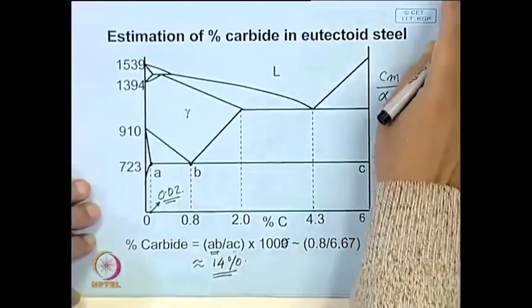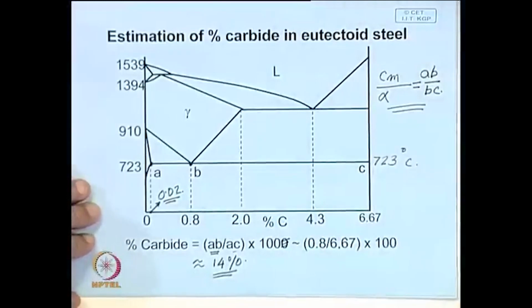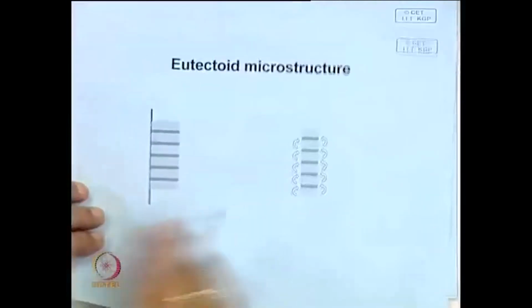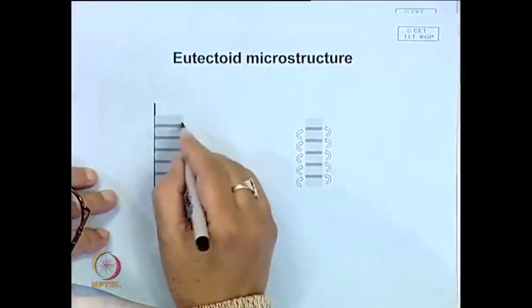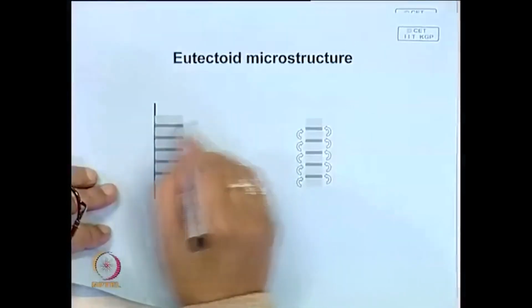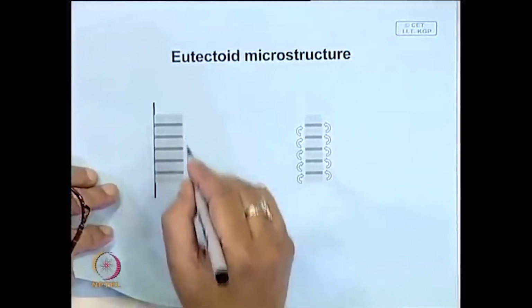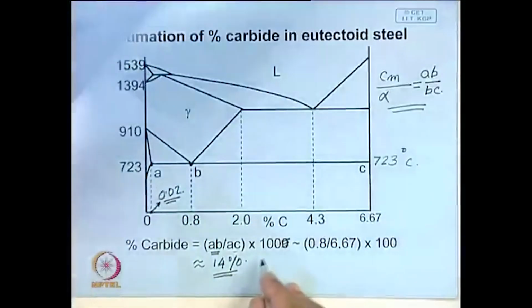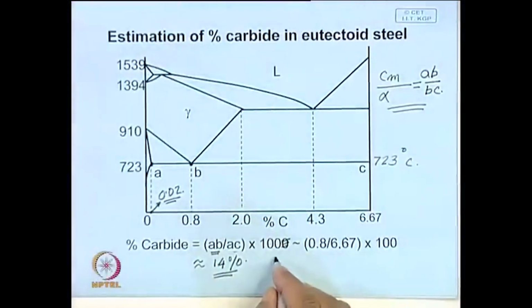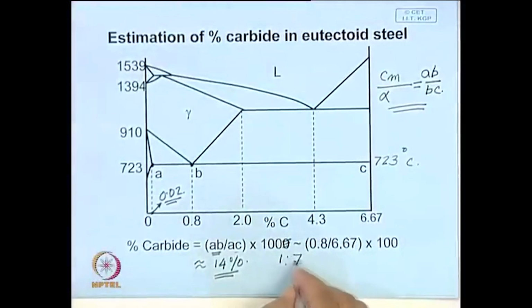So, if you look at the microstructure of this pearlitic phase, you will find it comes out to be approximately 14%, which means you can say 1:7.